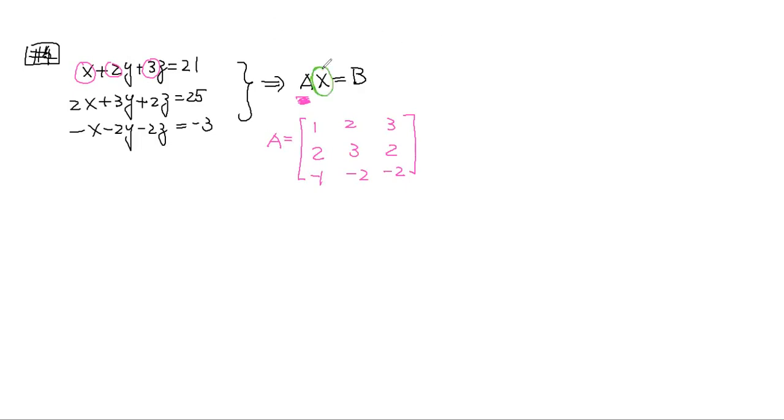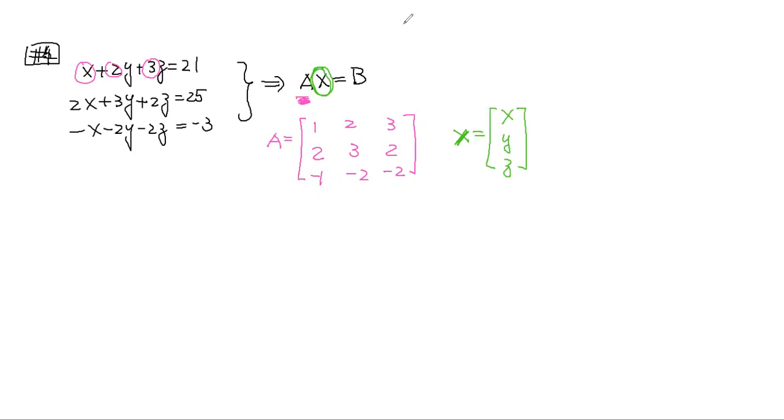Now I look at matrix X. The X matrix is just your variables, so you have X, Y, Z. That's pretty simple, right? Now what is the matrix B here?